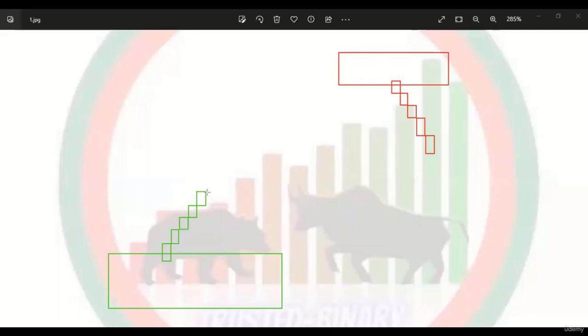Now if we get this type of candlestick, two candlesticks, and that candle volume is low, like this candle and this candle, and the volume condition like this.